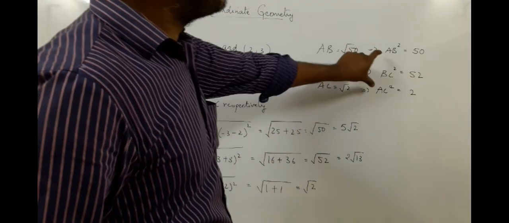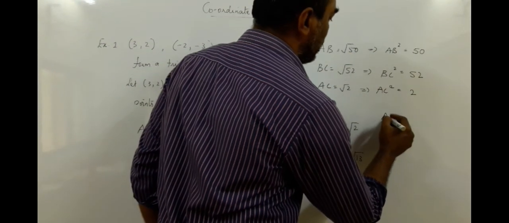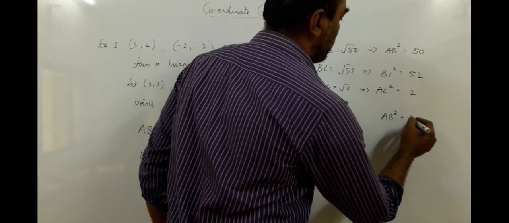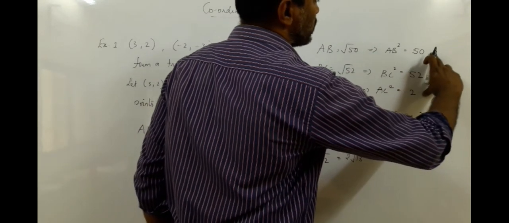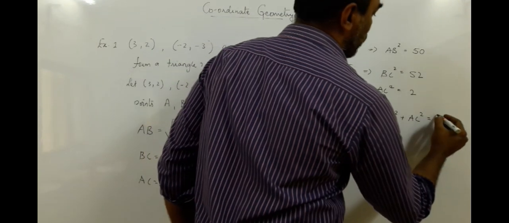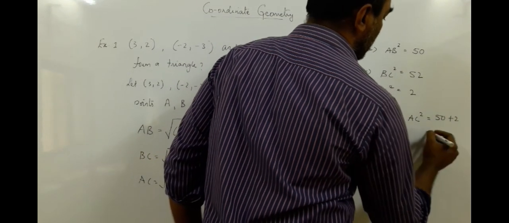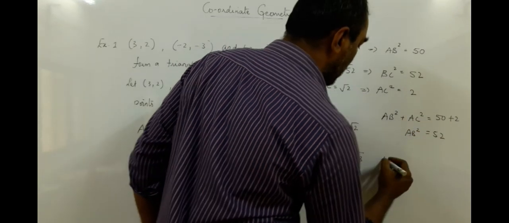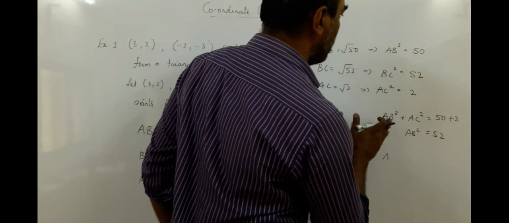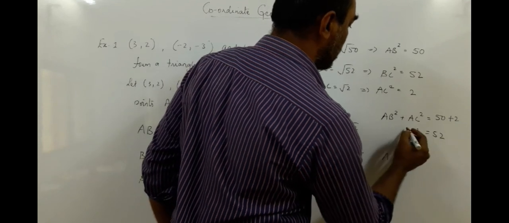So if you sum the squares of the smaller two sides, AB square plus AC square, 50 plus 2 gives us 52, and that is, sorry, not AB square, BC square.